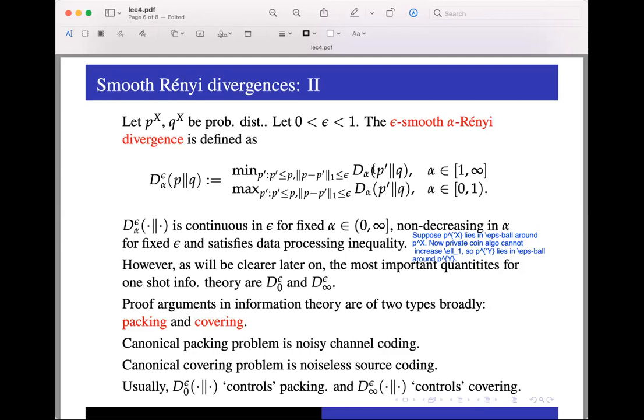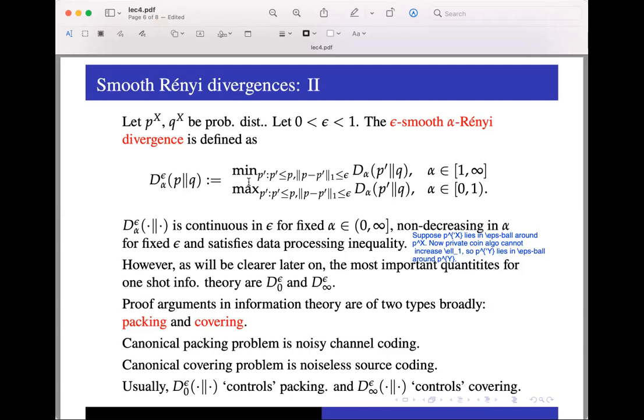And for the rest of the symbols X, P prime of X and Q of X are not so different. So in other words, P prime and Q are pretty close. They're not so distinguishable. The distinguishability only came from a few pathological symbols. So this is usually a bad thing, and that's why I should remove those pathological ones and apply minimization in the epsilon ball. So that, in a very vague way, is the motivation for these definitions.